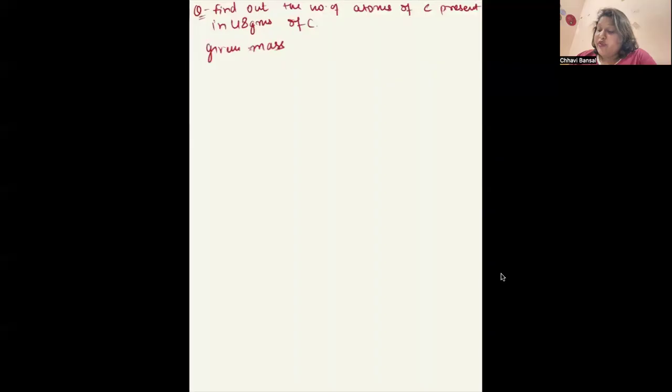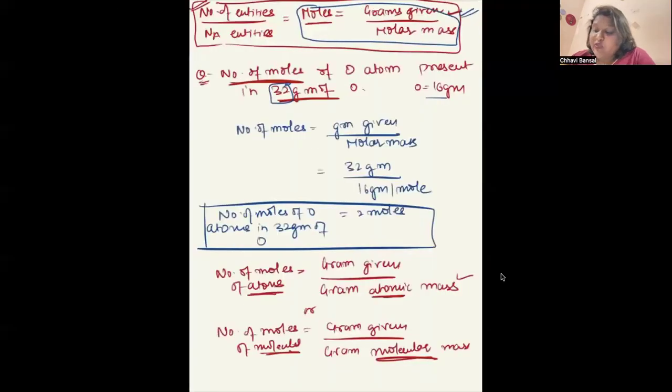What we have to find out is the number of atoms. Now, if you see this formula, there is a way of going there. If you have grams given and you know the molar mass, you can find out the number of moles. And if you multiply the number of moles with Avogadro's number, you will get the number of entities, right? So here, the number of moles is the central part.